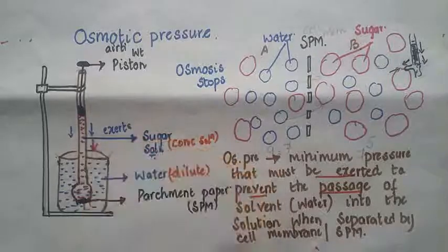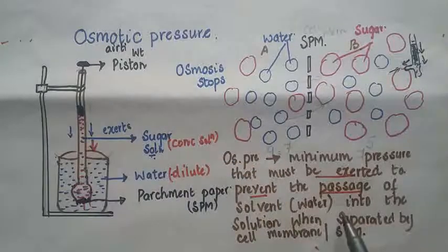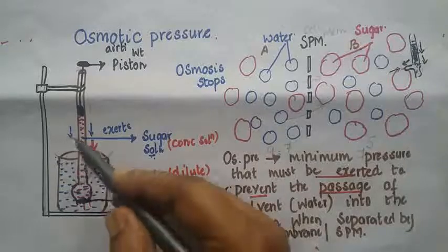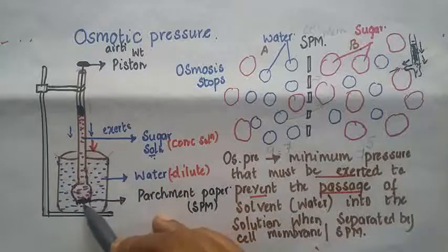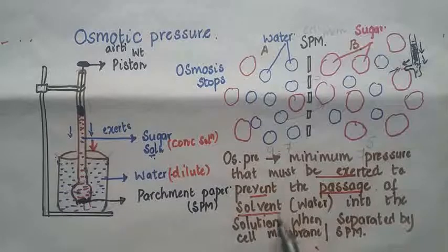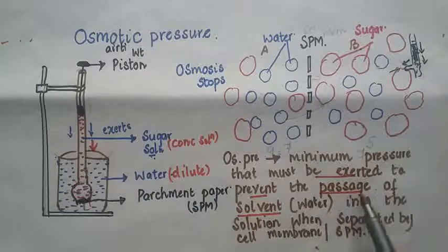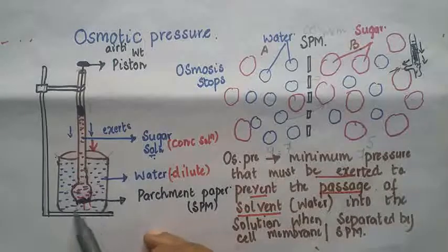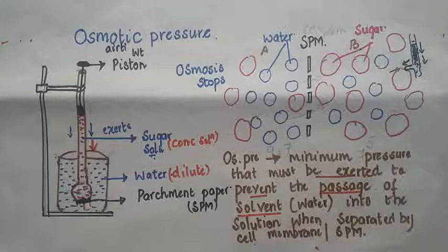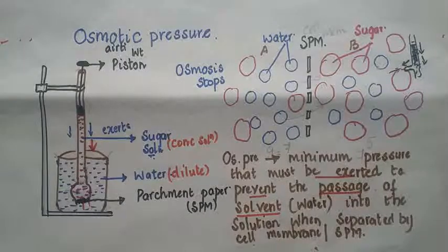the passage of solvent. That pressure exerted on the cell membrane prevents the passage of solvent, that is water molecules from a beaker, into the solution, that is the sugar solution found in the Thistle funnel, when they are separated by a cell membrane or a semi-permeable membrane. So I'll repeat. How do we define the word osmotic pressure?